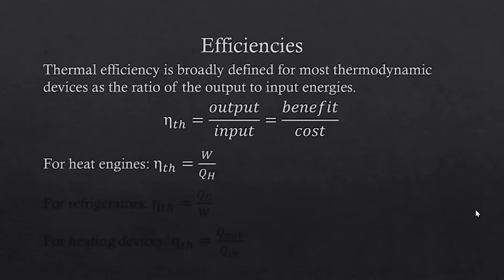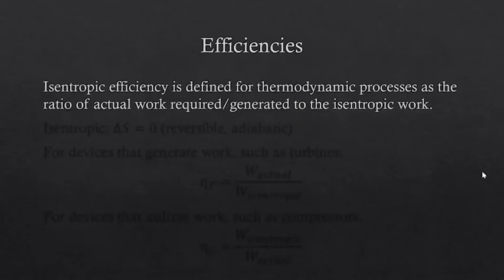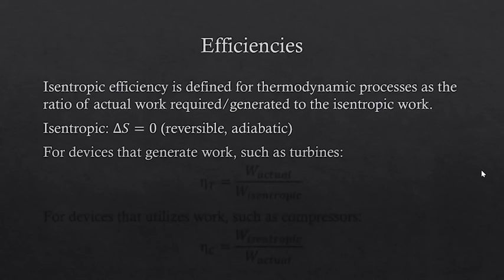For heat engines, it is the ratio of work extracted to the heat supplied. For refrigerators, it is the ratio of heat removed to the work supplied. For heating devices, it is the ratio of heat output to heat input. Thermal efficiencies can also be defined for thermodynamic cycles, which we will discuss in future lessons.